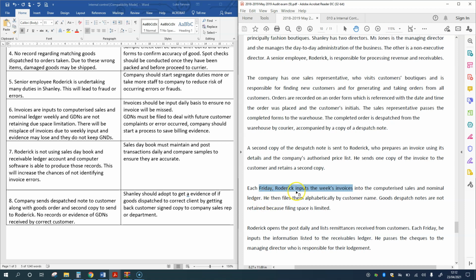And at month end and year end, there could be cut-off errors if month end is before the Friday. Roddy won't be recording items until the start of the next month, so he'll be recording sales in the wrong month. And you talk about cut-off error there. And so the answer there: invoices should be input daily to know what was missed and avoid cut-off errors.